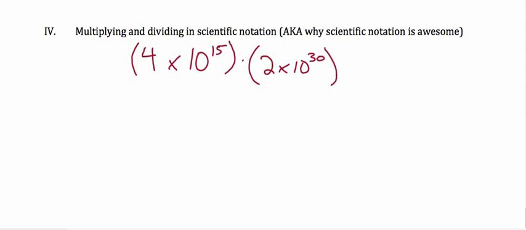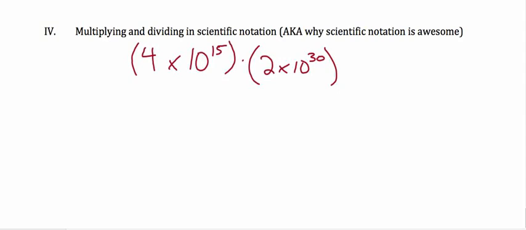These are both really huge numbers, maybe numbers that you're using in a science class, like when talking about distances in space or masses of planets. And you need to multiply these numbers to figure something out. We can use our normal exponent rules to figure this out, because remember, this is all multiplication. 4 times 10 to the 15th times 2 times 10 to the 30th.